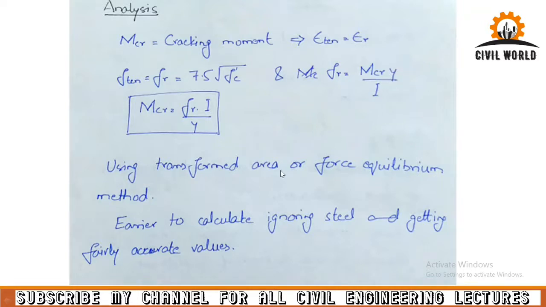For that, you have to first calculate c, the location of the neutral axis. You can again use the same transformed area or force equilibrium method to calculate c. Once c is calculated, you can calculate y and I. You already have fr, so you can easily calculate your cracking moment.